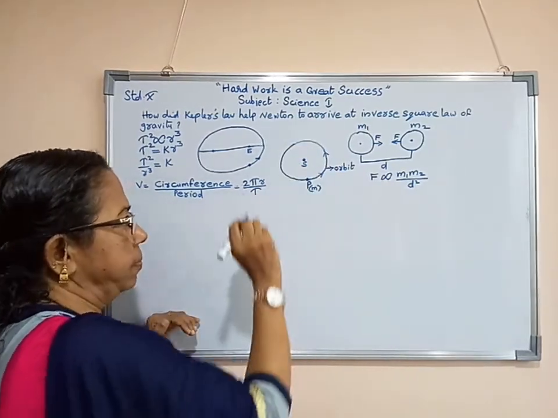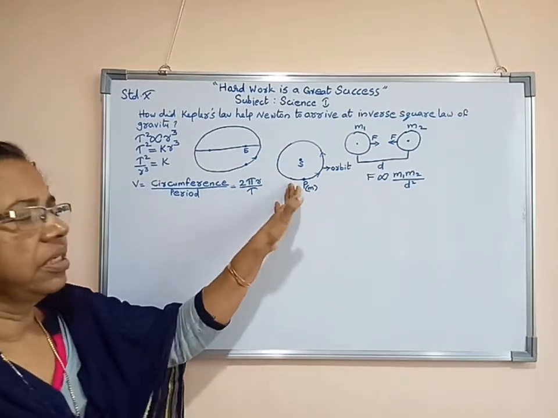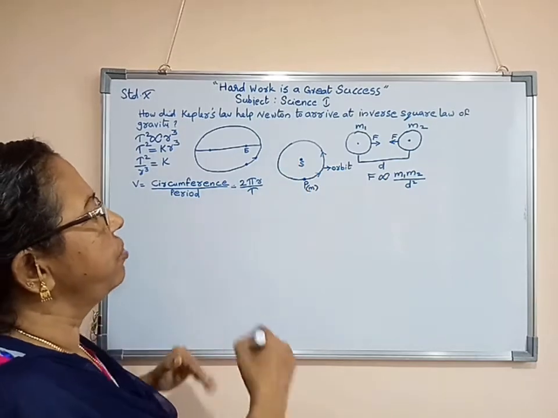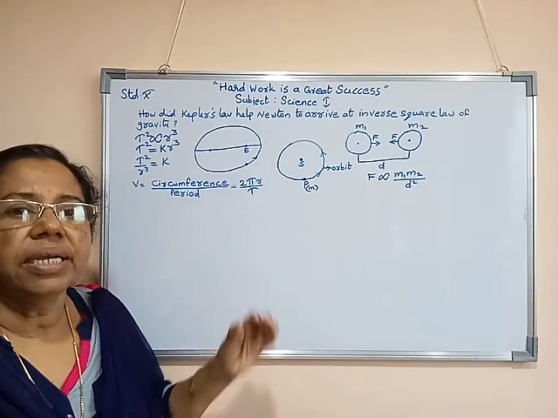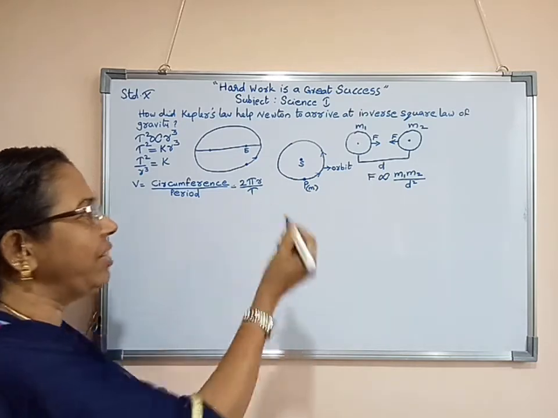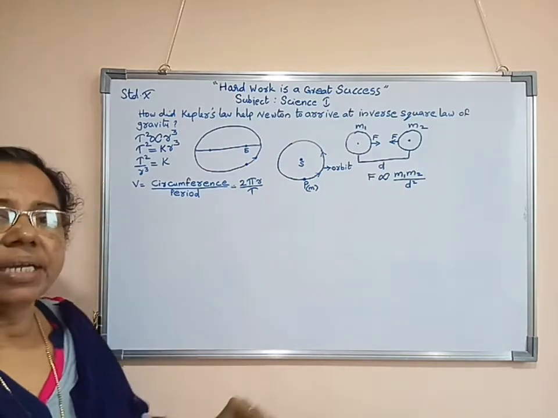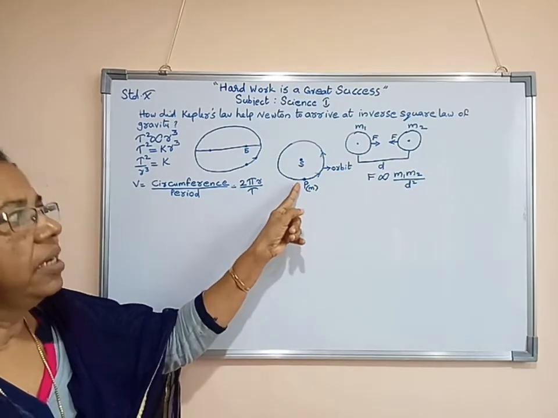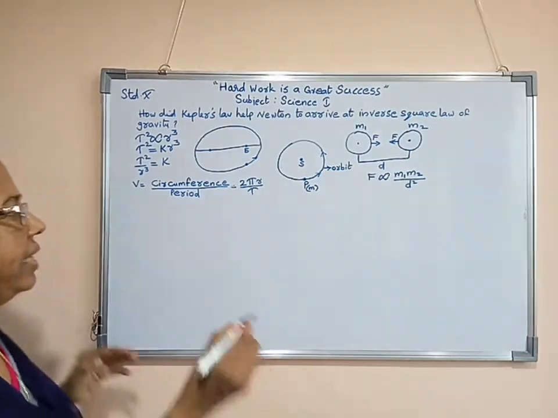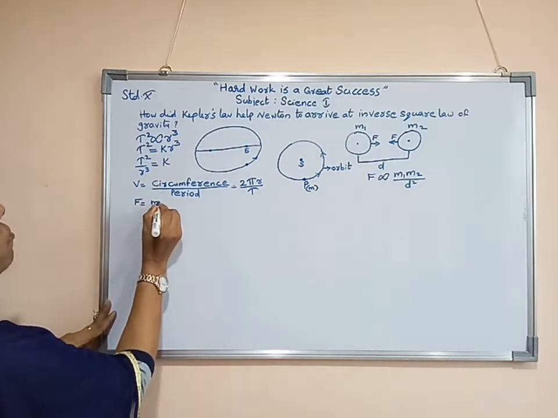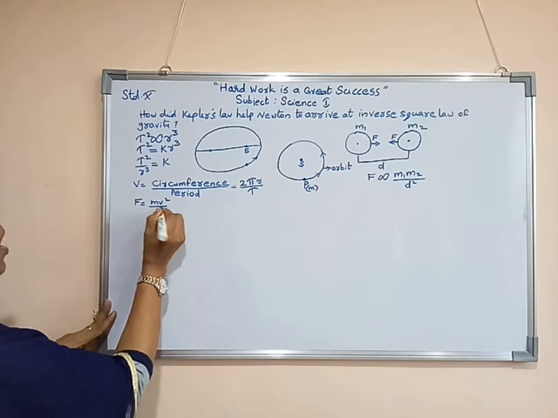Now you have to keep in mind one more important thing: when the planet revolves around the sun, we need to find the centripetal force on the planet towards the sun. That is an equation we already have. The centripetal force F is equal to m v square upon r.